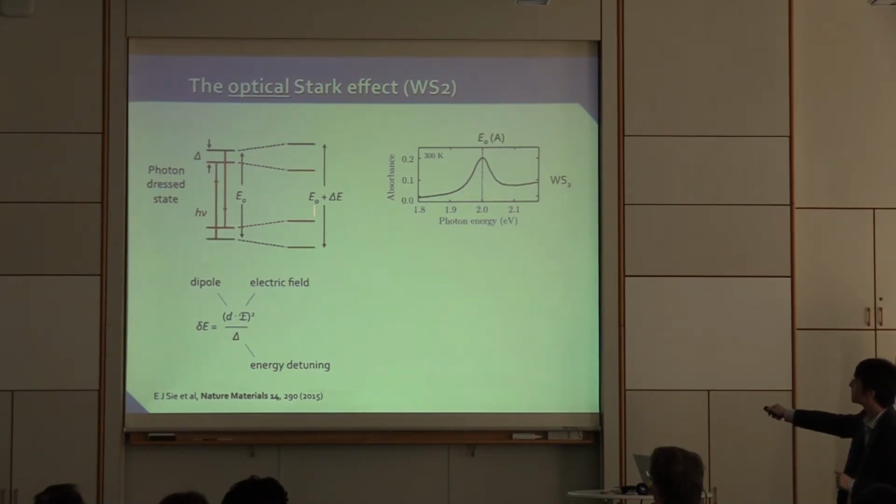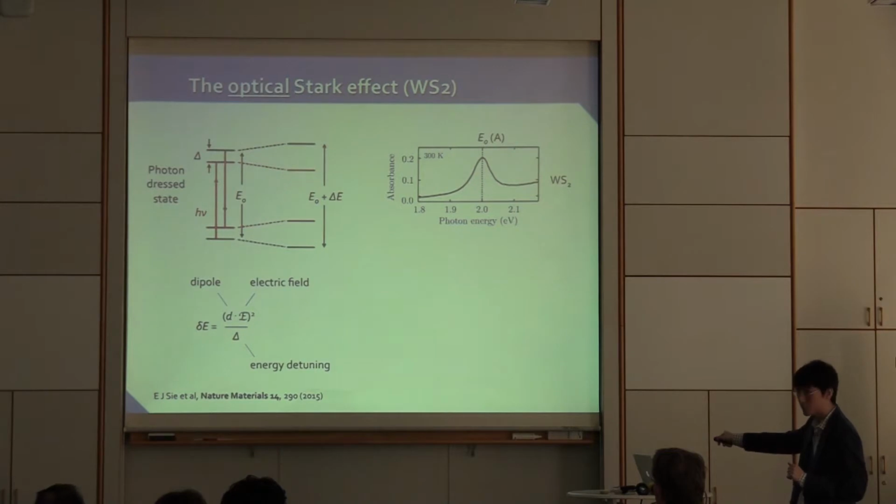Now here is the optical Stark effect, and the gap that is changed because of the presence of the Floquet states can be seen as this formula, which is proportional to the dipole and electric field squared, which is the intensity of the laser pump, and inversely proportional to the energy detuning, which is the difference between the gap as well as the photon energy.